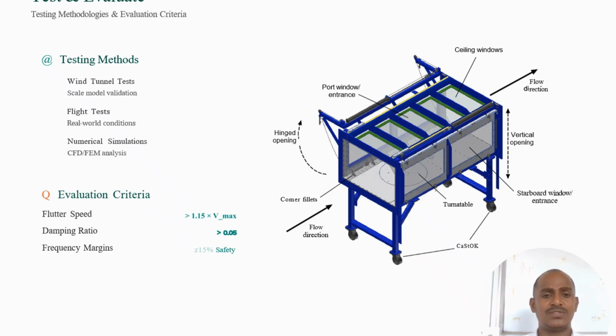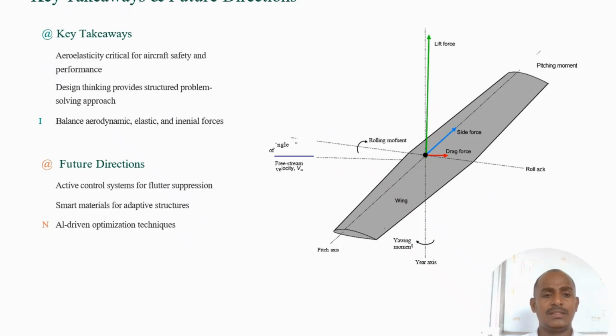Only after successful testing can an aircraft be certified as a safe model. Testing helps us understand aeroelastic phenomena, safety, and performance, which gives the balance between aerodynamic, elastic, and inertial forces.